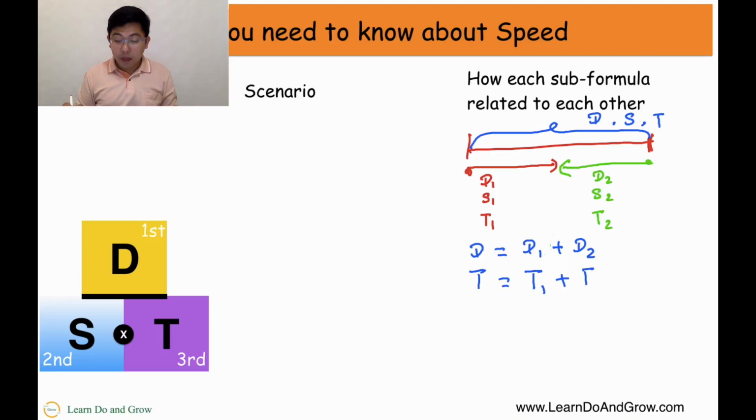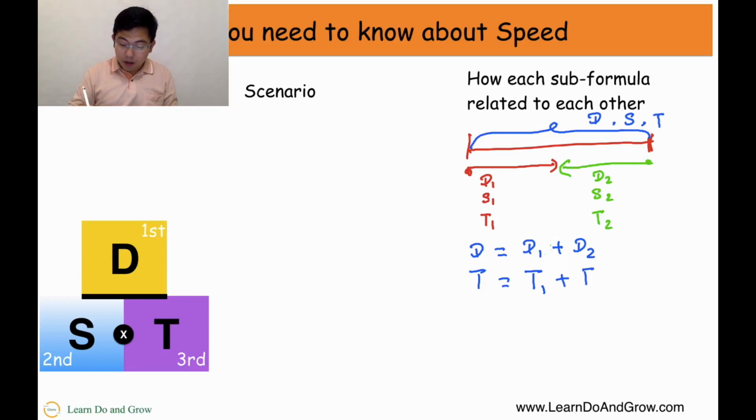One more part. Certain times in a question, they don't tell you exactly what D2 is, meaning the distance for a certain part of the journey or the distance for the other part of the journey. They might just say, for the first half of the journey, meaning what does it mean?